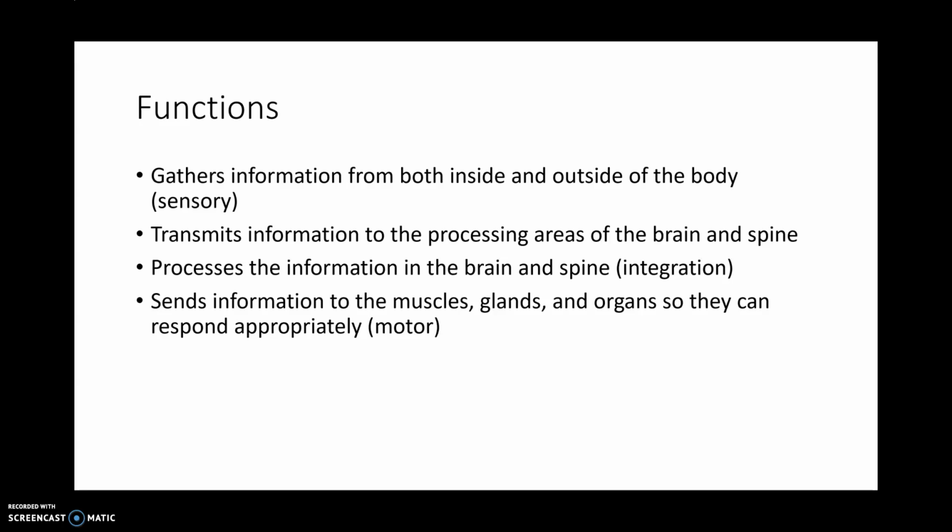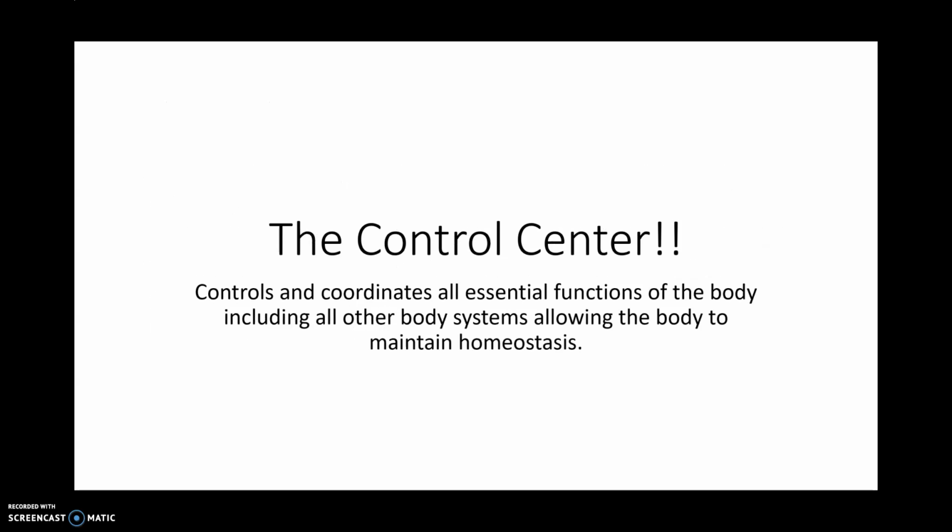But overall, what we're going to see with the nervous system is that it is the control center. So its main function is, yes, all of those different things, but it's going to control and coordinate all essential functions of the body, including other body systems, and allowing the body to maintain our state of homeostasis.